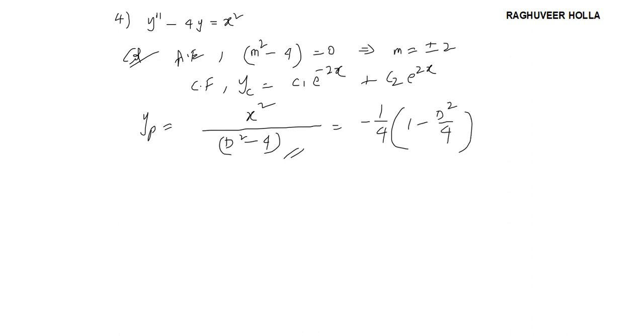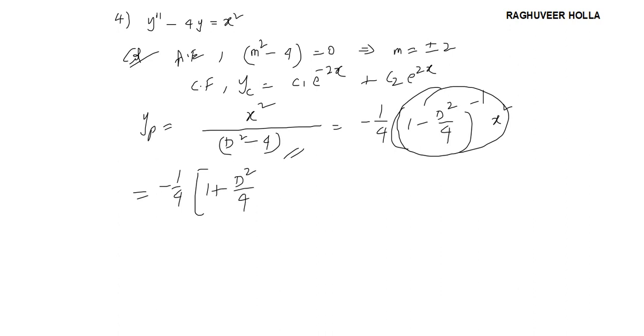Now this would be the whole inverse, and this is x square. Now let us expand this whole term here. What we have, leaving out x square, that would be 1 by 4 times 1 plus d square divided by 4, plus again d square divided by 4, and this would be whole square.